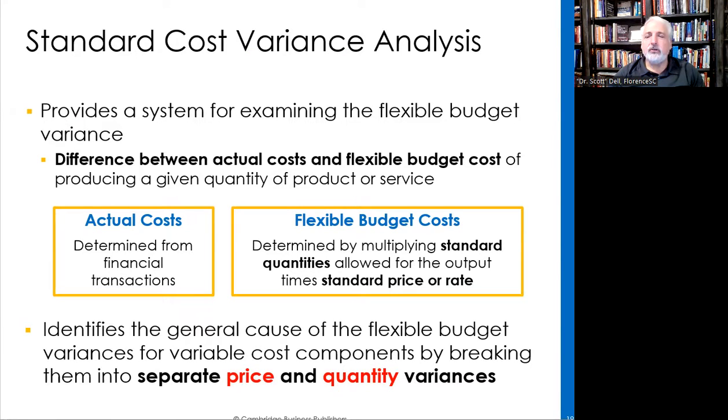So we're going to have two types of variance we need to isolate. We're going to have to isolate our price variance and our quantity variance. When it comes to material, the price of the materials is going to be the price variance. And the quantity is going to be obviously the amount of materials used in the production. Let's say we're selling beef and we budgeted $3 a pound for a heifer, for whatever beef was coming in, and we end up paying $3.25 a pound.